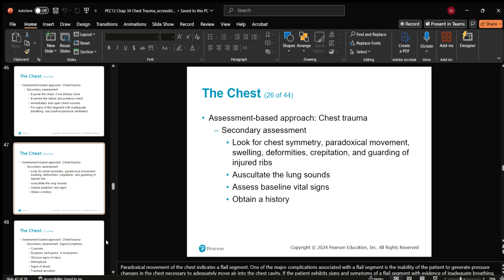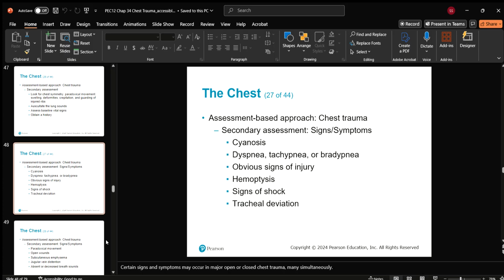So when you're listening on the posterior portion, make sure that you're not just placing it in the exact same areas. You're going to go in between the shoulder blades, the scapula. You want to go in between, because otherwise the amount of bone right there may make it more difficult to auscultate lung sounds.